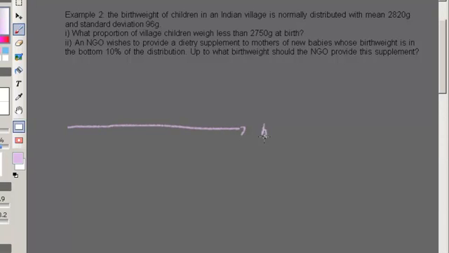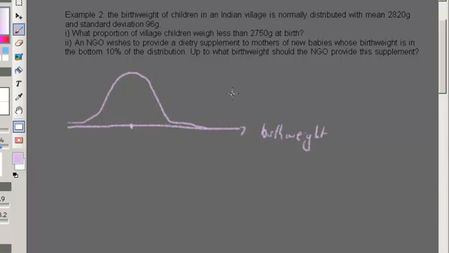So this is birth weights, from low to high, and so there'll be a mean somewhere here, and relatively few children with much less than that. Lots around the mean. Like that. Should carry on forever, well, in theory. So that's the mean.